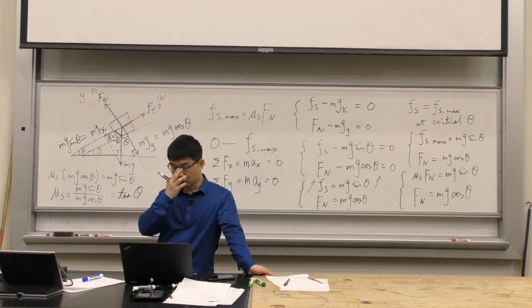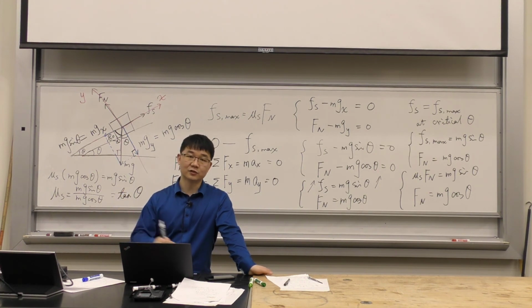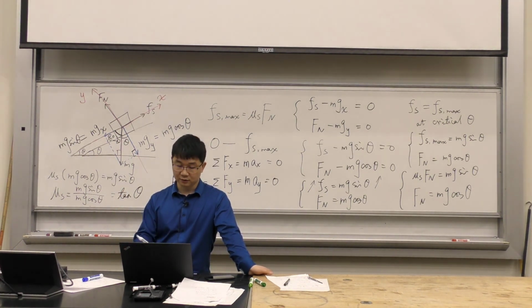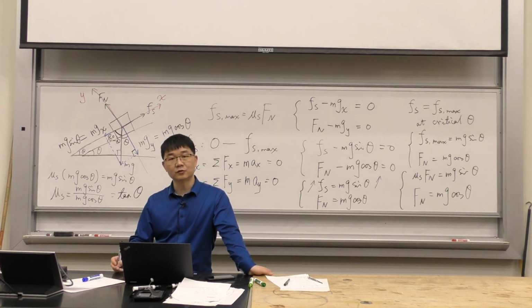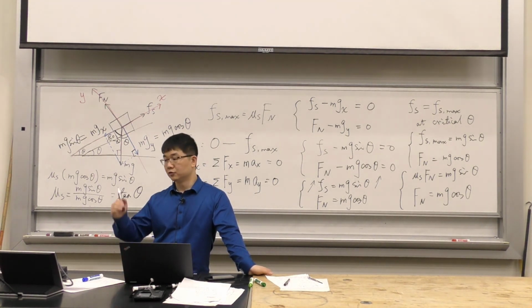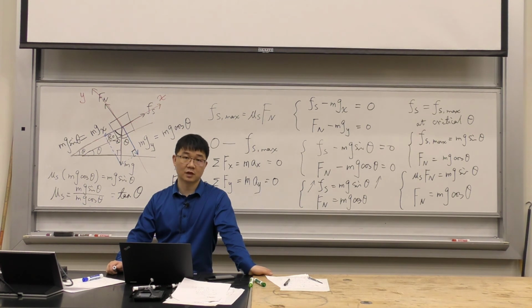You don't need to remember this. If I give you a question like this, I would want you to start from the very beginning, do the algebra, do all the work, and show me you understand the theory we're learning in this class. You can do everything from the fundamental theory we learn in this class. You don't just memorize this equation and then just plug in all the numbers and get the answer. No, that's not physics. That's not what we're learning in a physics class.